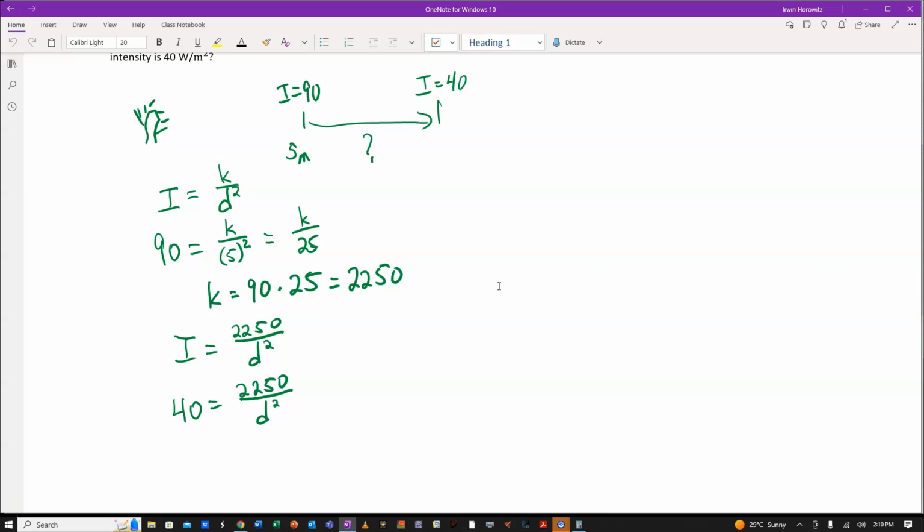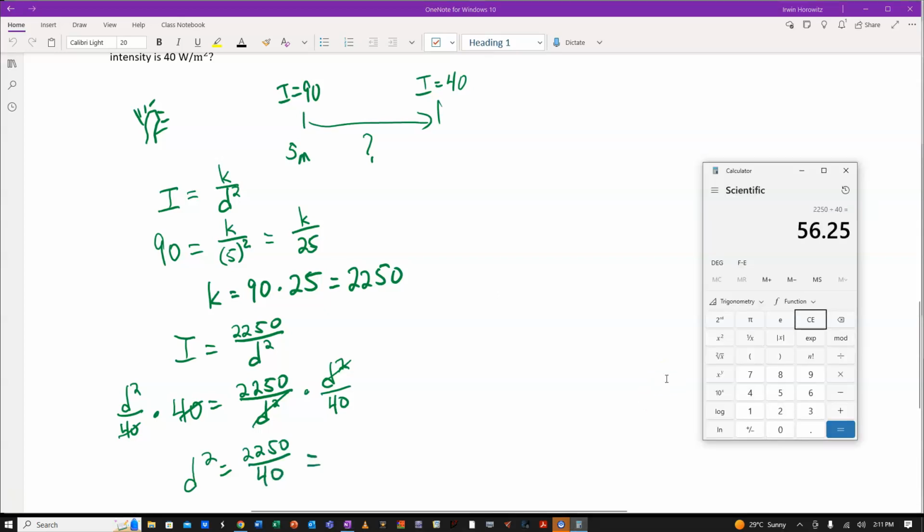We can multiply both sides by d squared and divide both sides by 40. So on the right side, the d squareds will cancel out. On the left side, the 40s will cancel out. And we get d squared equals 2250 divided by 40.